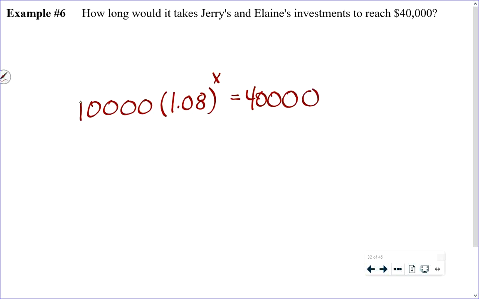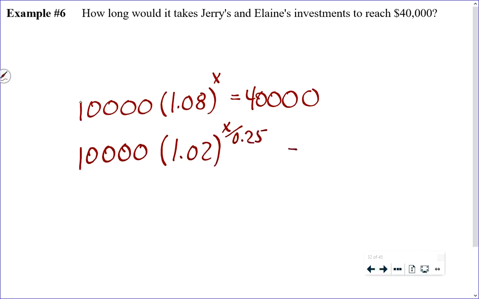And I've changed it to x because we're going to use our graphing calculator. And what we need to solve for Elaine's is 10,000 times 1.02 raised to the x over 0.25 equals 40,000. And we have to solve these graphically. You don't know how to solve these algebraically.